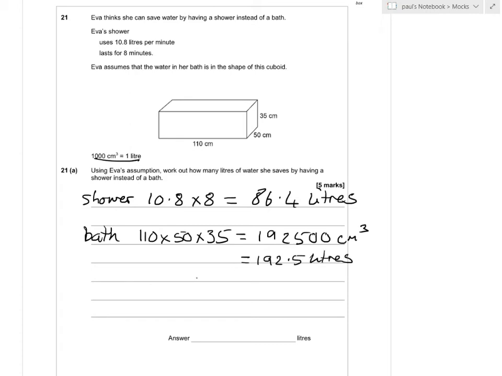Now to find out how much she saves, it's 192.5 take away 86.4, which is 106.1. Let's double check. 106.1 litres saving.